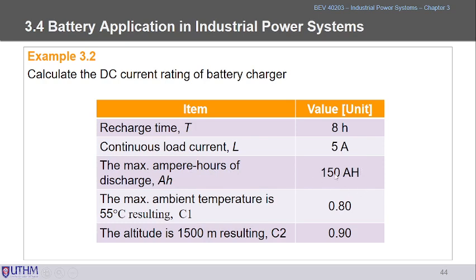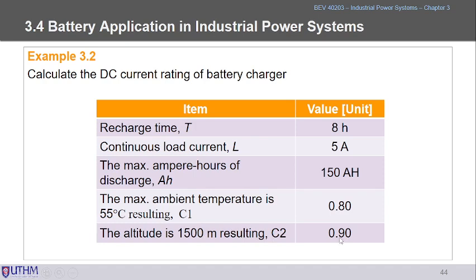The maximum ambient temperature is 55 degrees Celsius, resulting in C1. C1 is the temperature correction factor, which is 0.8. You can refer to the table previously. And the altitude is 1,500 meters, resulting in C2.